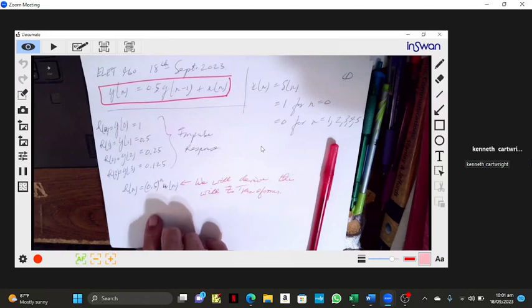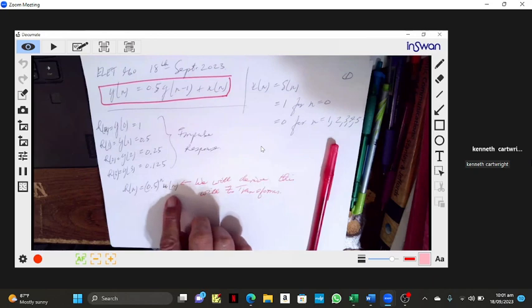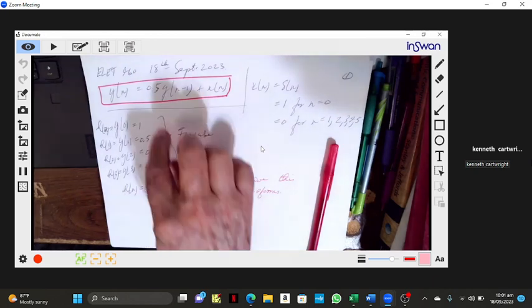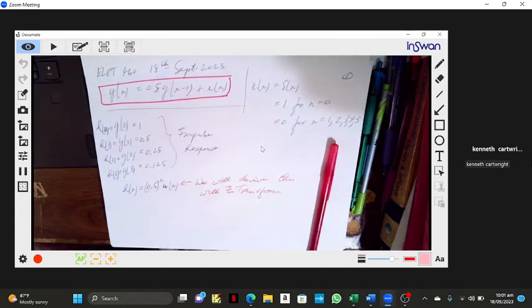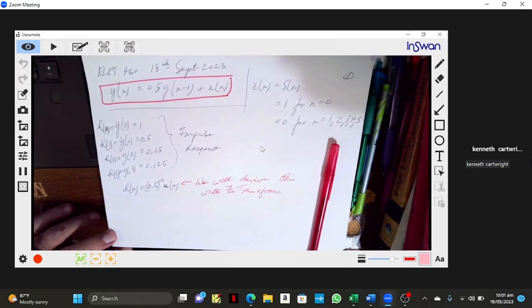Now, in the future, we will derive these equations for the impulse response without having to do the numerical work first. And we use something called the Z transform. In 320, we use Laplace transform. In this course, we use the Z transform.